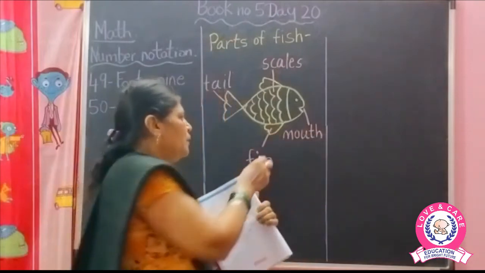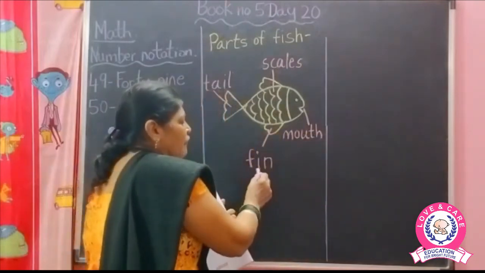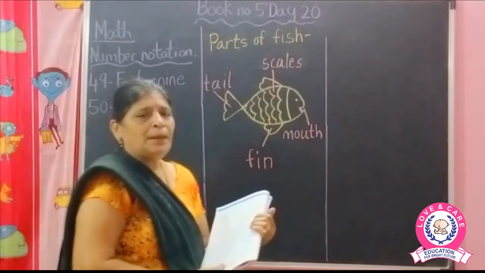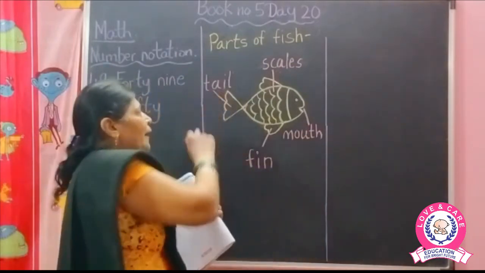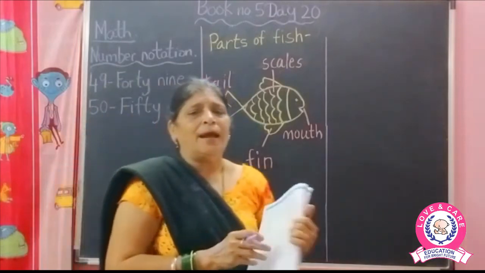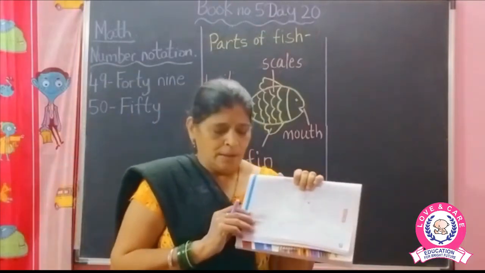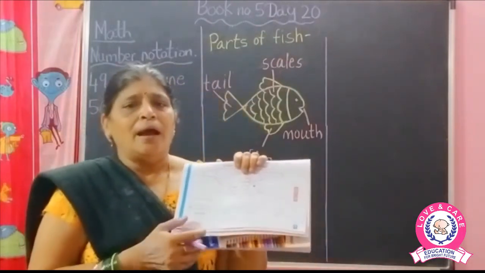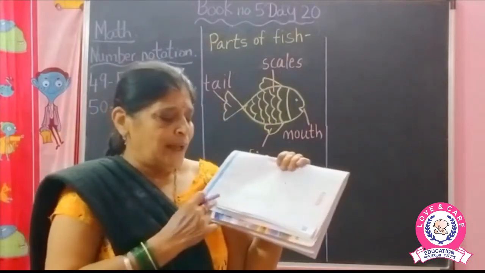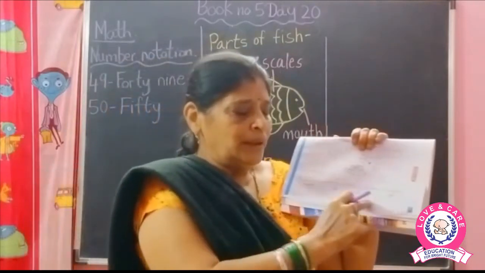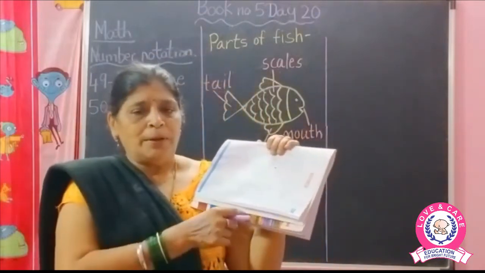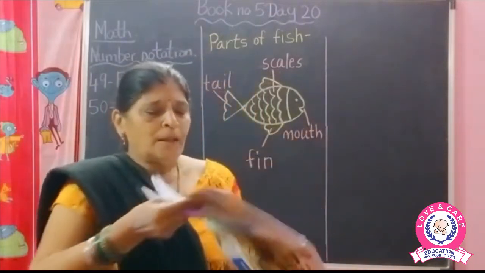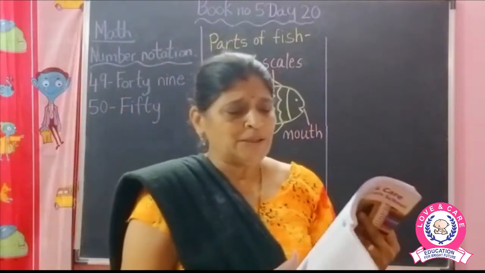Here, fin, F-I-N, fin. And tail, T-A-I-L, tail. So like that, here the names are given, you have to see the names and complete this. Okay, now let's turn to the next page.